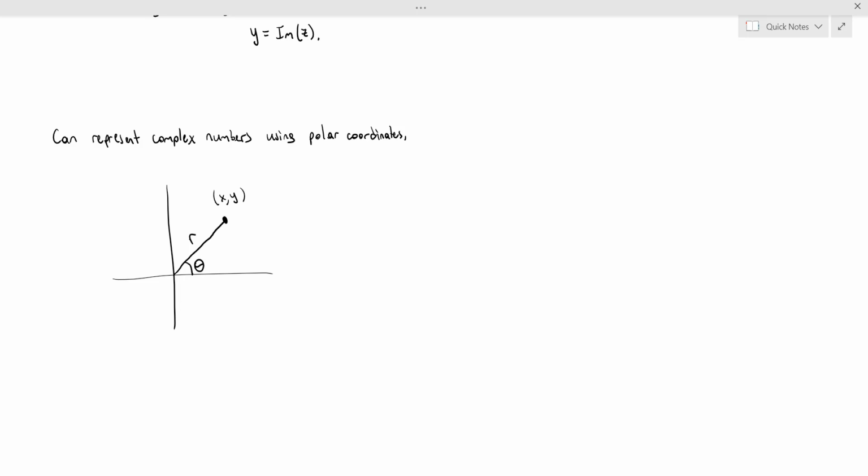Some equations that relate the rectangular coordinates x and y to the polar coordinates r and theta: x is r cosine theta, y is r sine theta, and r is the square root of x squared plus y squared.